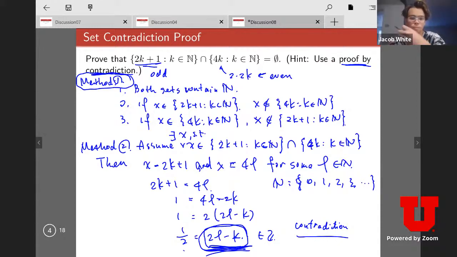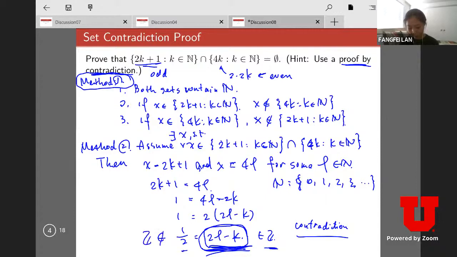Oh, it could be negative, right? Yeah, if it's negative, then it's not a natural number anymore. So then your contradiction wouldn't make sense. The contradiction is that this has to be in Z, but then this is not in Z. Okay. Yeah, I should write it the other way around, like this. But anyway.